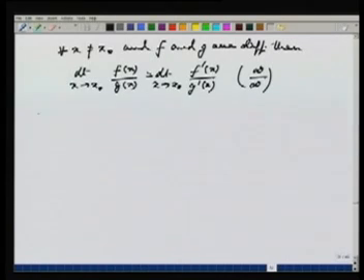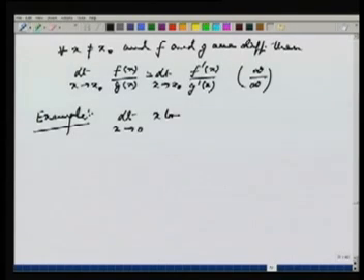As an application of this, we can look at the following example. Let us try to calculate the limit x going to 0 of x log x, which I write as limit x going to 0 of log x by 1 by x.